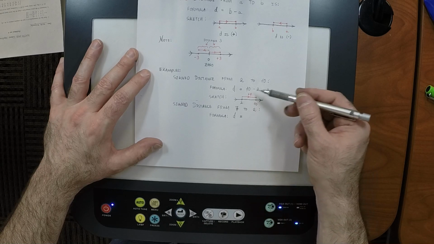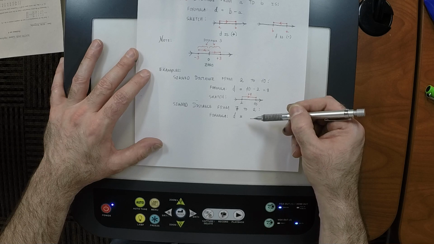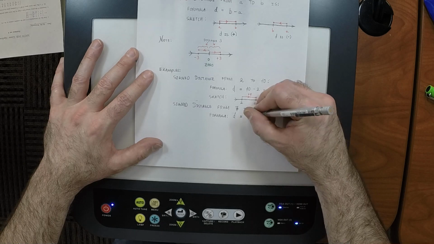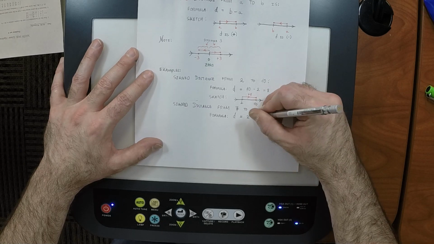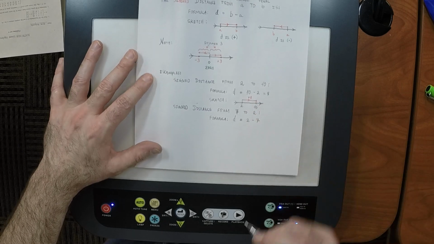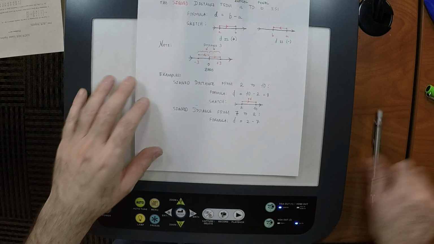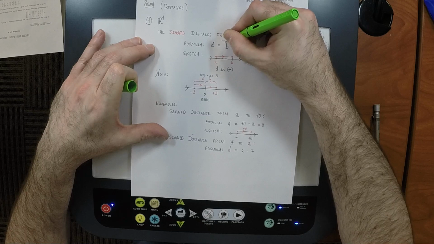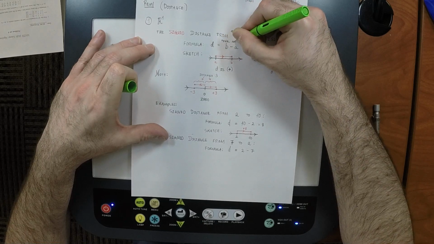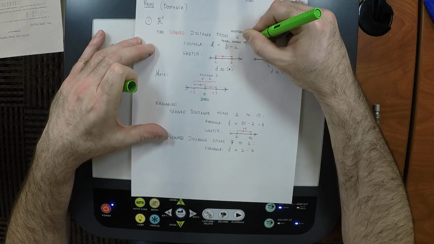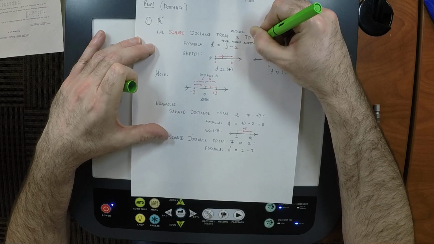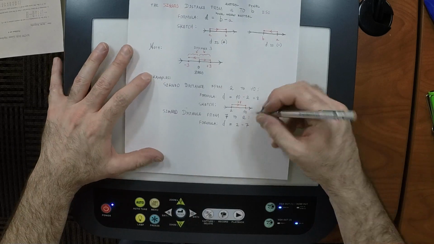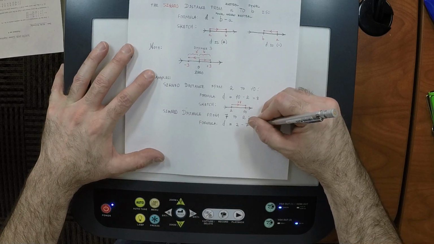This one was 10 minus 2. What's this one? 2 minus 7, because it's always final minus initial. So then 2 minus 7, that'd be negative 5.